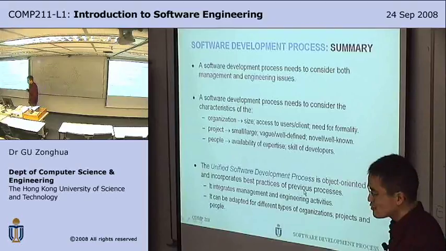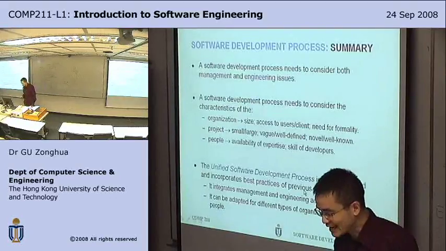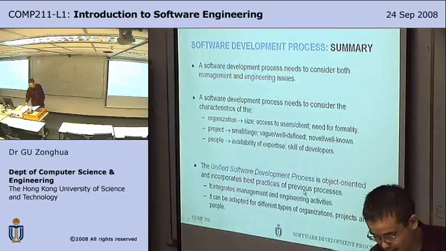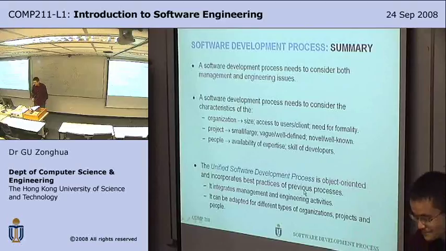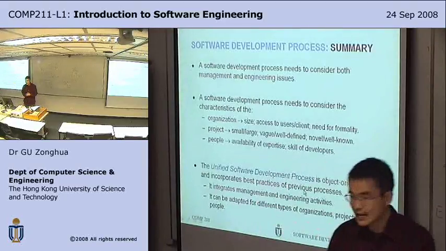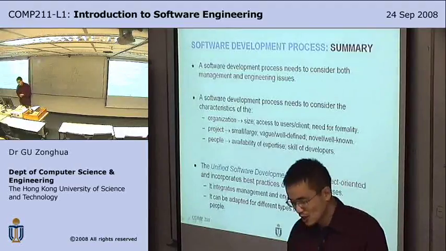In addition, you're going through the management workflows. It can be adapted for different types of organizations, projects, and people. So it's only a template. It's not a recipe. So it's very adaptable. But in general, it is a very heavyweight process.